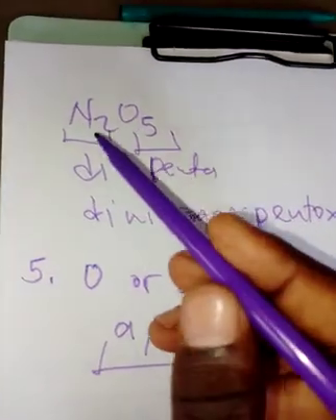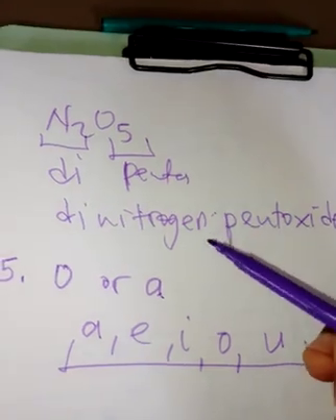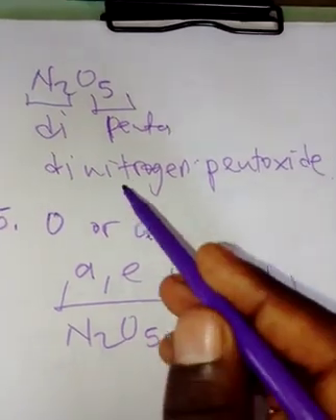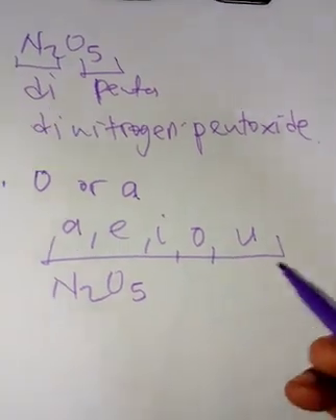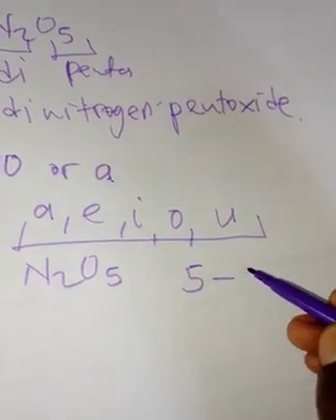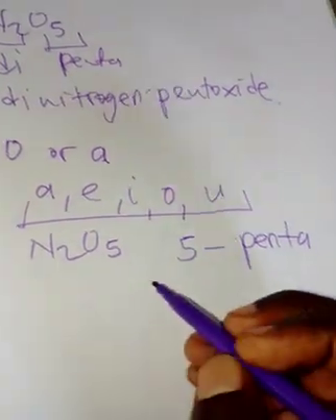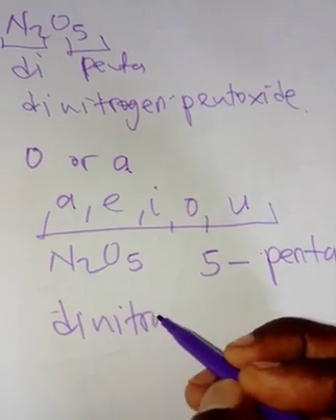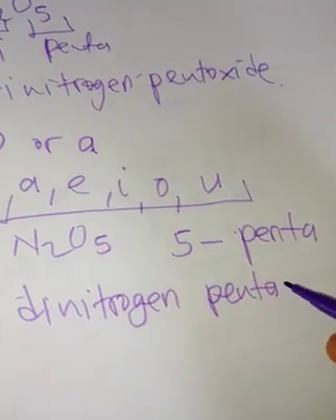Okay, so let's start with this one, N2O5. We have said this is dinitrogen pentoxide. For 5, we know that the prefix is what? Penta. So why didn't we say dinitrogen penta oxide?